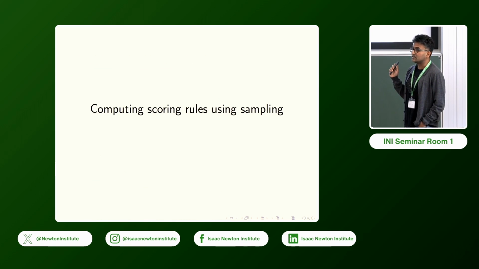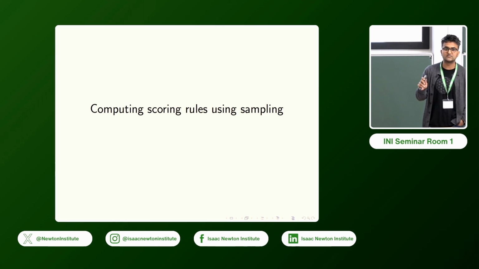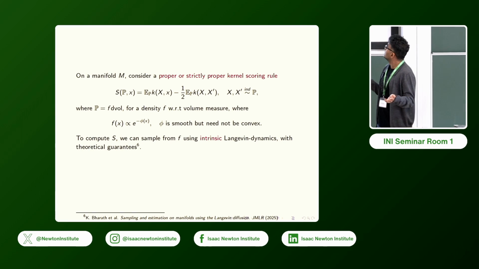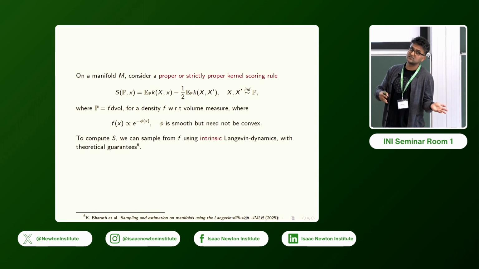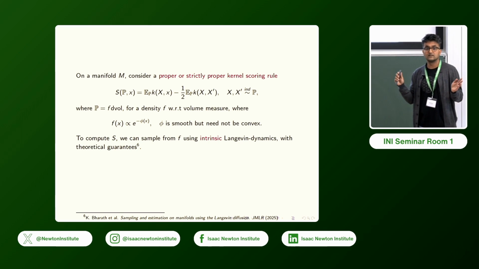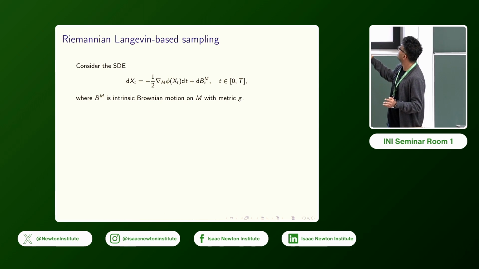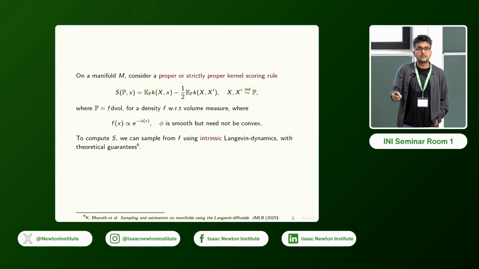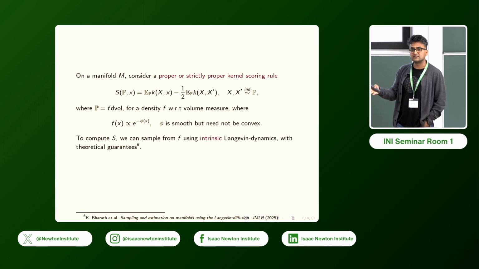So that's the first part. Now I'll briefly talk about how one might actually compute things, once you've taken care of all this and you've defined a scoring rule using a kernel. So you've chosen a kernel, either proper or strictly proper, doesn't matter, and written down your scoring rule. But the probability measure you're looking at is one that has a density.